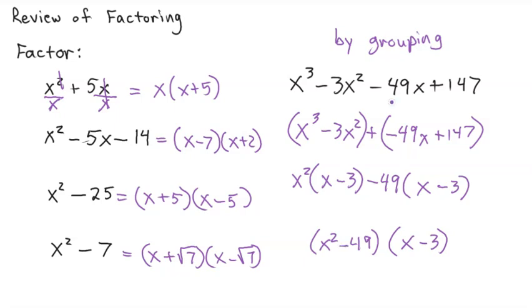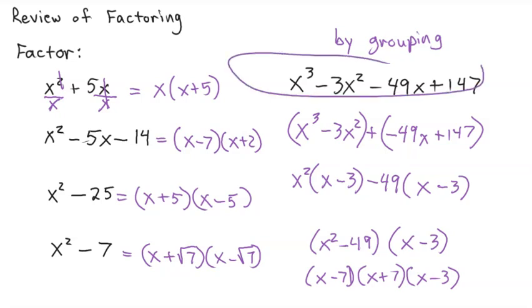Now I want you to notice that this is a difference of squares. So it can now be factored. It can become x minus 7 times x plus 7, and then it's times x minus 3. Okay. And therefore, this is factored into this.